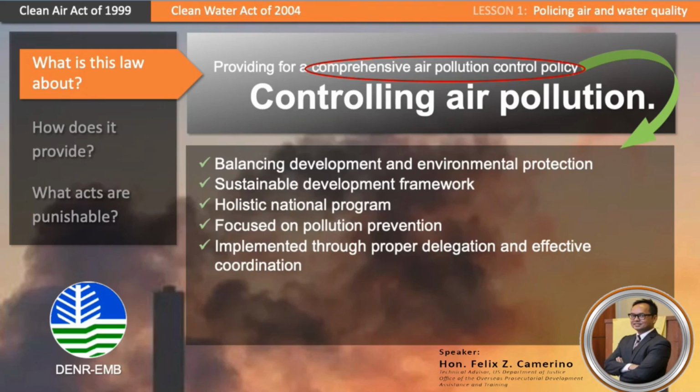Okay, so the proper delegation that is being referred to here is actually the deputization process.